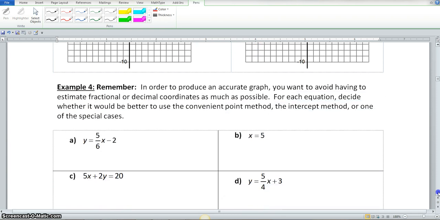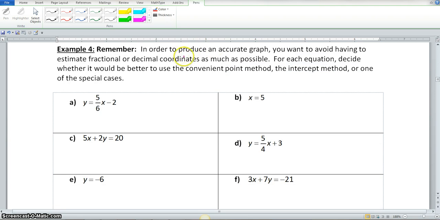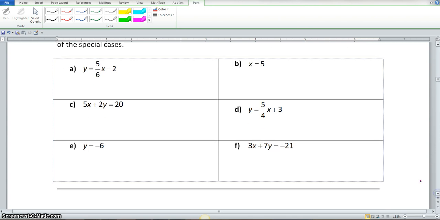Okay, now example 4. Remember, in order to produce an accurate graph, you want to avoid having to estimate fractional or decimal coordinates as much as possible. For each equation, decide whether it be better to use the convenient point method, the intercept method, or one of the special cases. Now, let's just take a look here. Okay, so we look here.